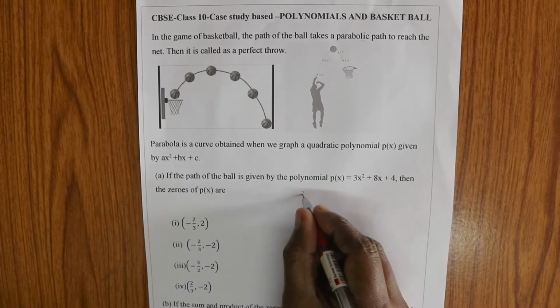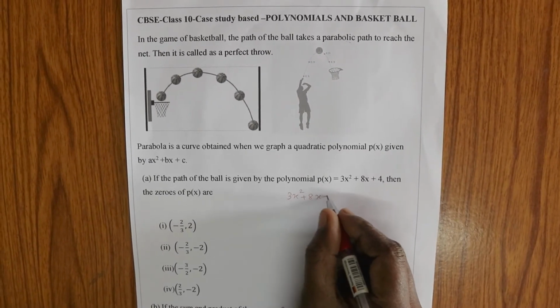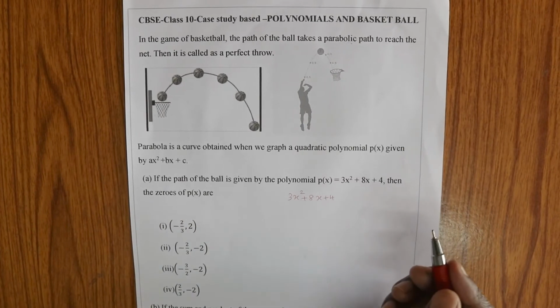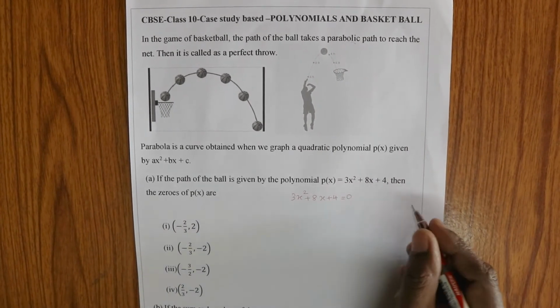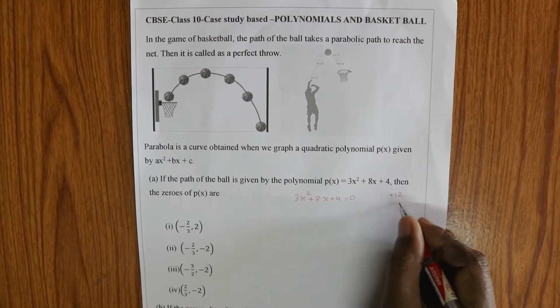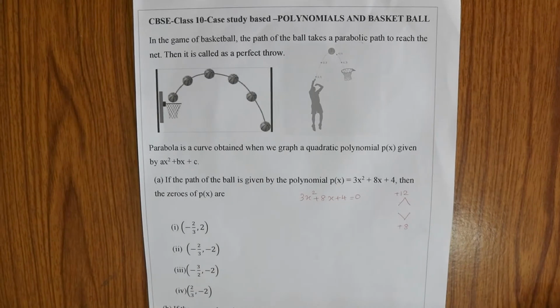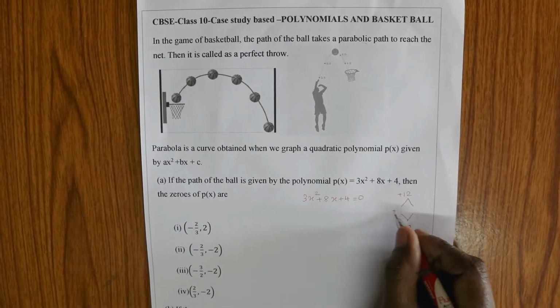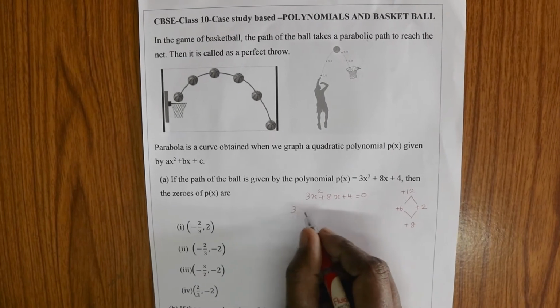The polynomial is 3x squared plus 8x plus 4. So 3 fours are 12. Let us equate to 0 to find our zeros. When you multiply two numbers, you have to get plus 12, and when you add them, you have to get plus 8. What are the two numbers? It will be plus 6 and plus 2. So come on, let's factorize it.